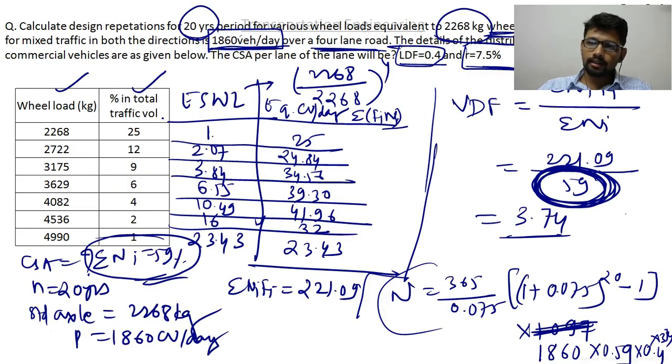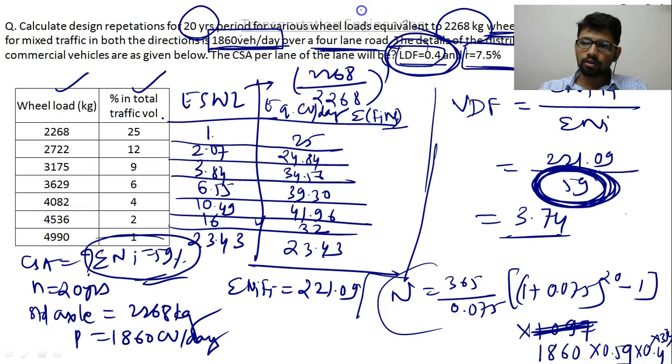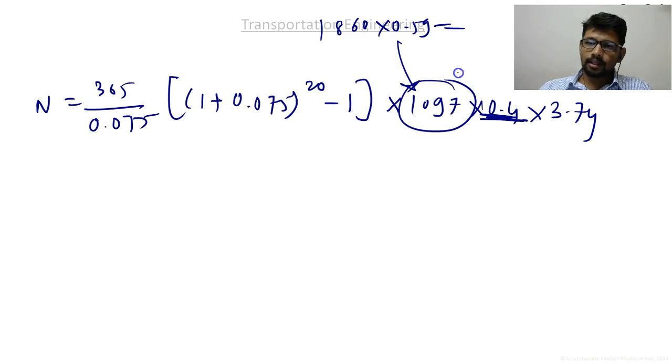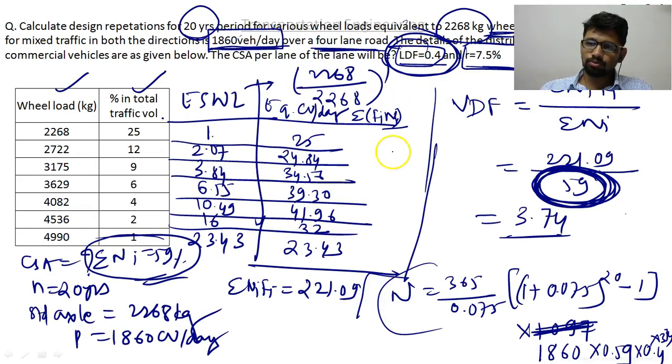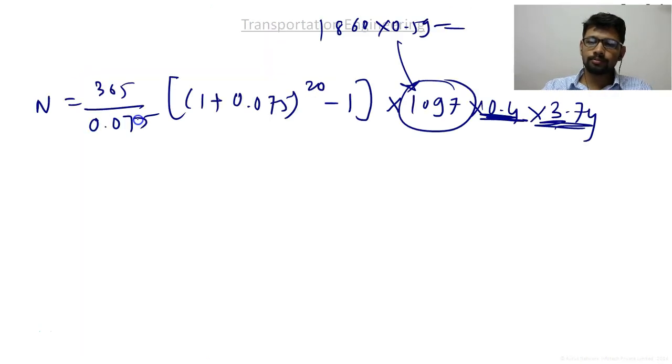And 3.74 we have calculated using this lengthy calculation, something that we have already done previously while discussing the concept, but just to give you an example, I have repeated it here for you.